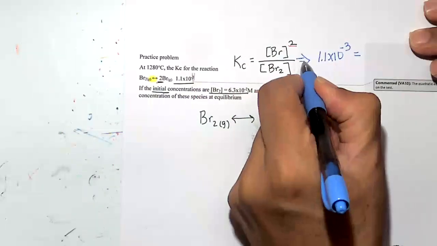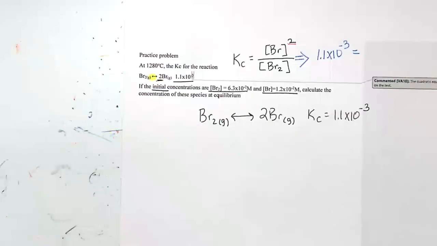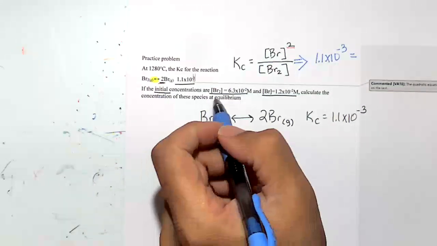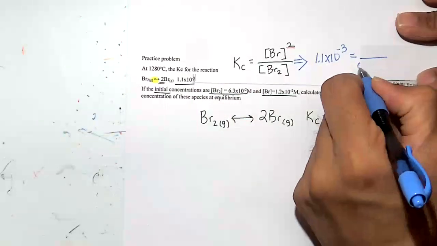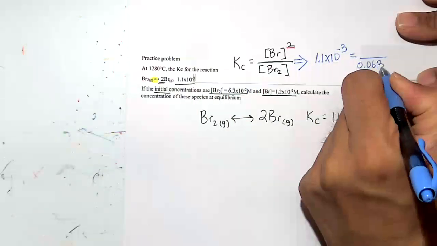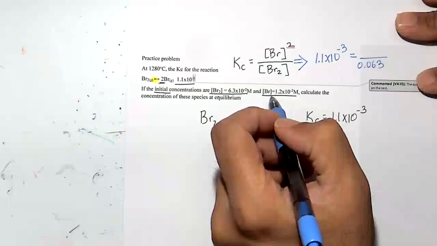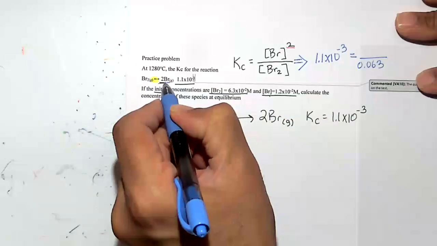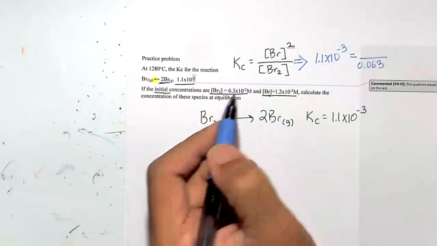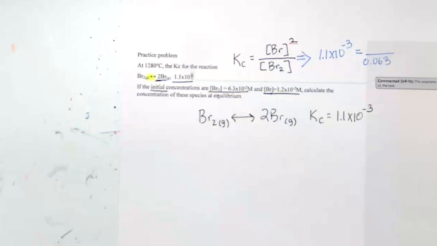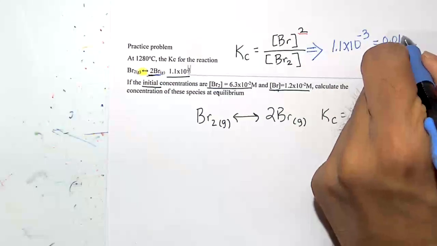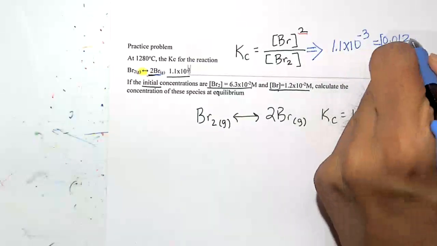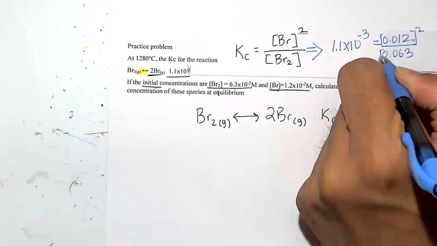So this Kc is given to us in the problem as 1.1 times 10 to the minus 3. And the Br2 is 6.3 times 10 to the minus 2, I'll just write 0.063. And this Br is 1.2 times 10 to the minus 2. And don't forget to square it.